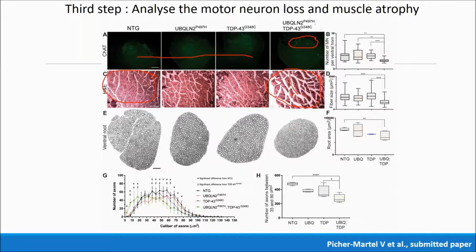So we also observe a reduced size of the neurons and the nerve as compared to the non-transgenic. So we can conclude that we lose motor neurons, leading to muscular atrophy and nerve degeneration.